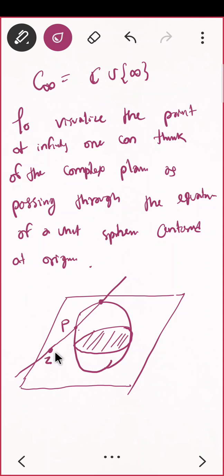So can I do this for each of the z? That means from the pole I want to draw a straight line. Correct? Again, can I do that? So I'll get this point. If I do this, I'll get this point. Correct? If I do this, I'll get this point, and there will be a point there.